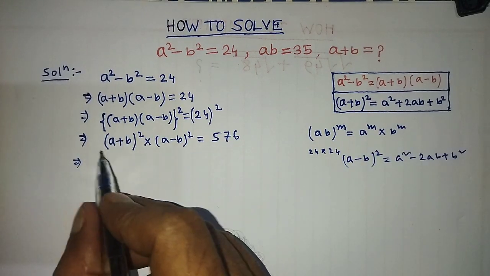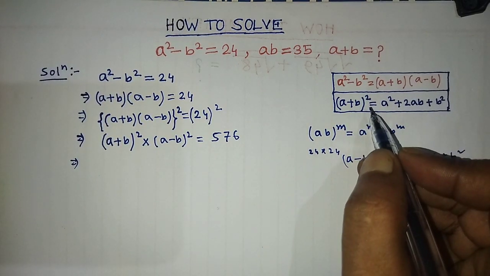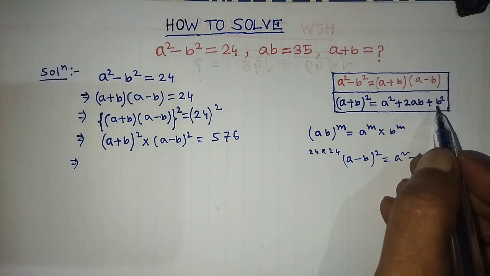To simplify this algebraic expression we have to apply this formula: a plus b whole square means a square plus 2ab plus b square.